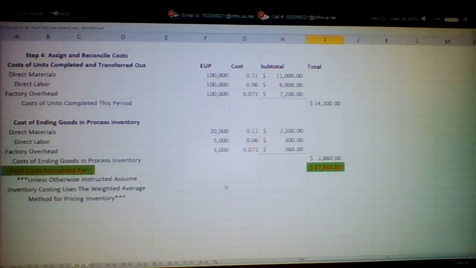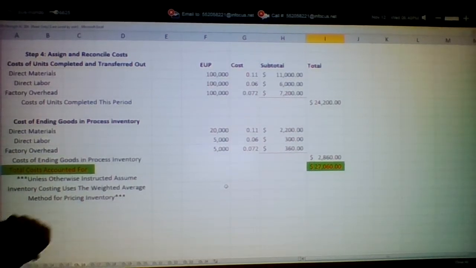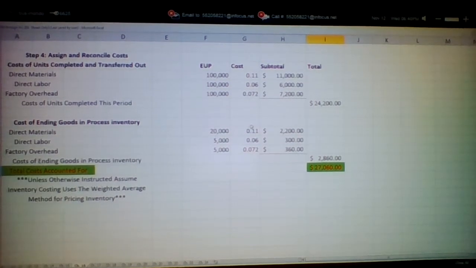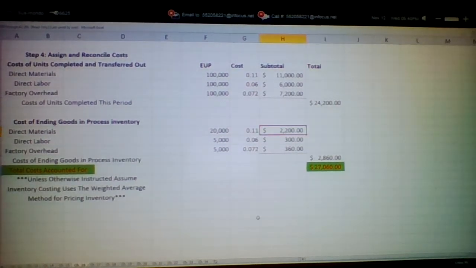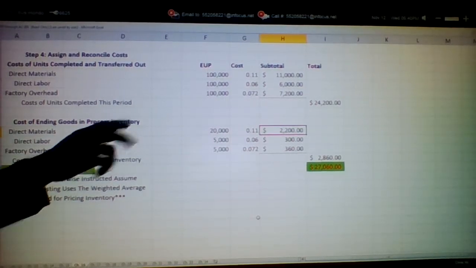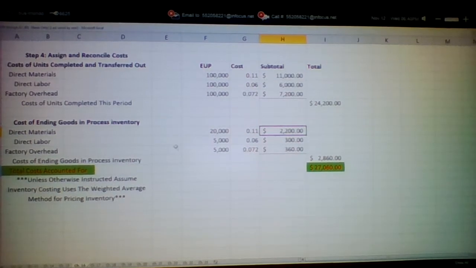Cost of ending goods in process inventory. Well, we had 20,000 units for the materials, 11 cents per equivalent unit. I'm tongue-tied today, excuse me. For $2,200 in materials cost that we'll assign to that.